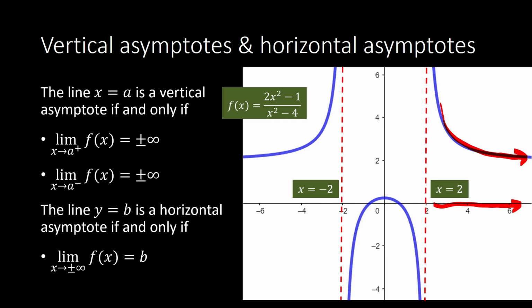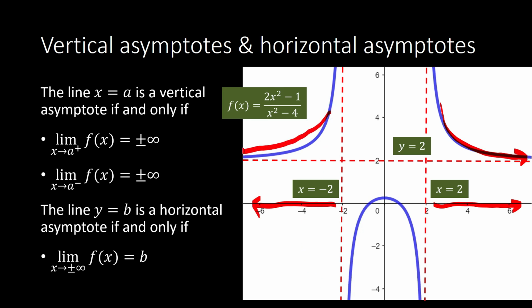It is kind of bounded. In fact, it is bounded by the line y equal to 2. That is your horizontal asymptote. It's the same on this side. When x approaches negative infinity, your function does not decrease without bound. It is bounded. Bounded by what? Bounded by your horizontal asymptote, which in this case is the line y equal to 2.